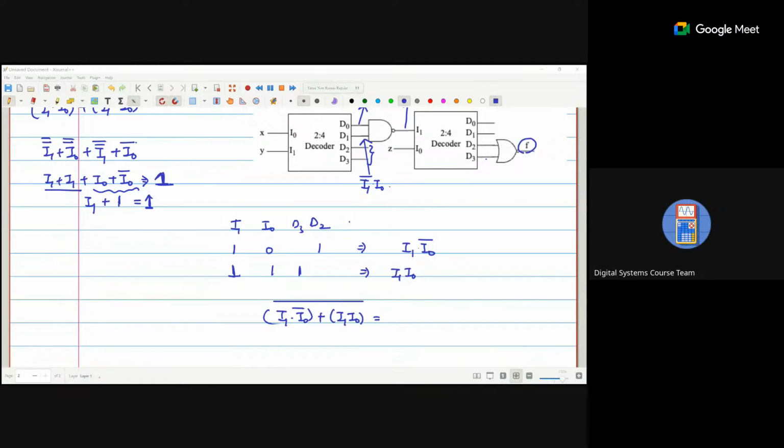Can you solve it? Yes, sir. So apply De Morgan's: I1 I0 bar whole bar dot I1 I0 whole bar again. So I1 bar plus I0, multiplied with I1 bar plus I0 bar.